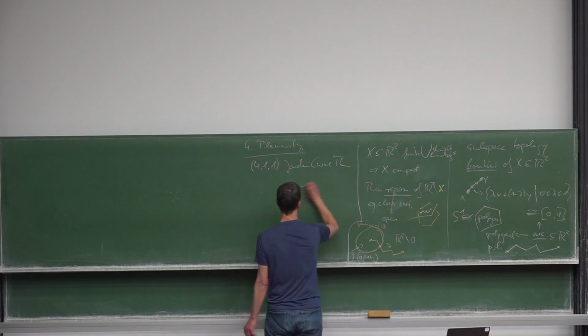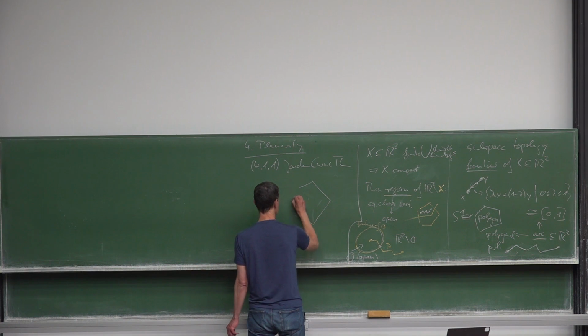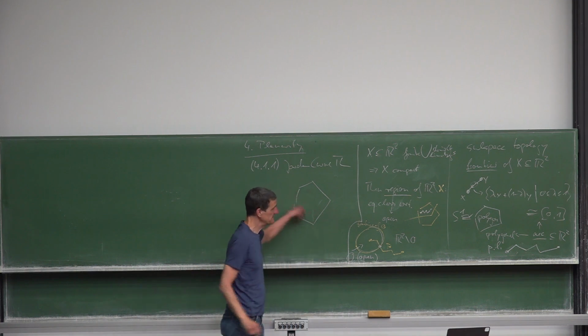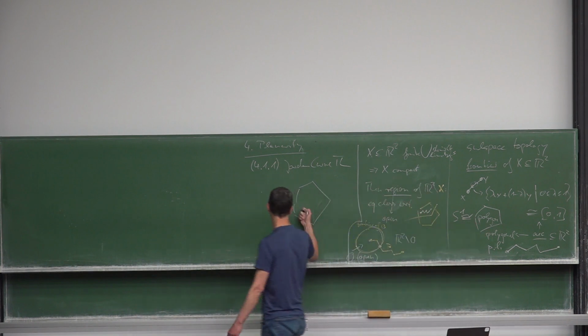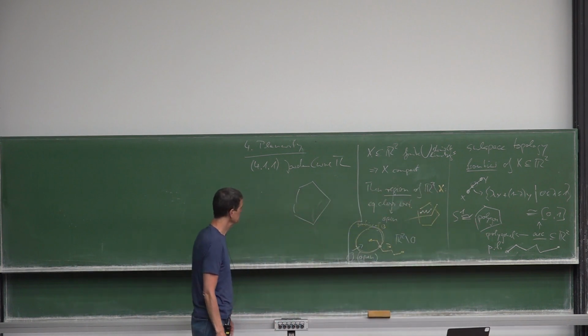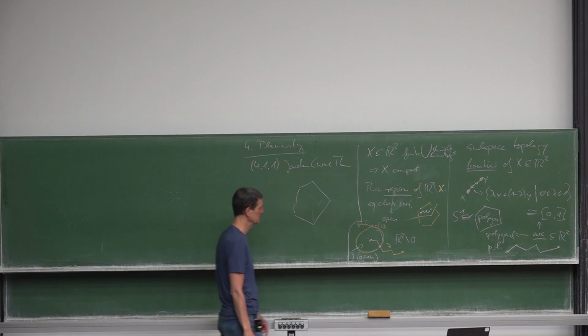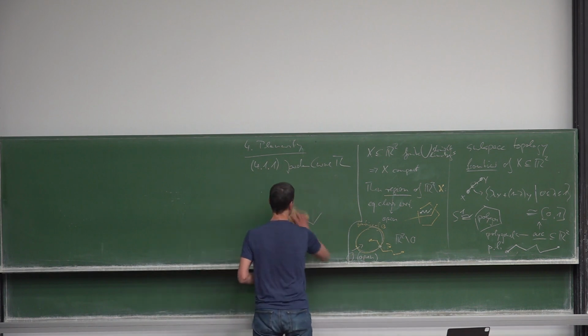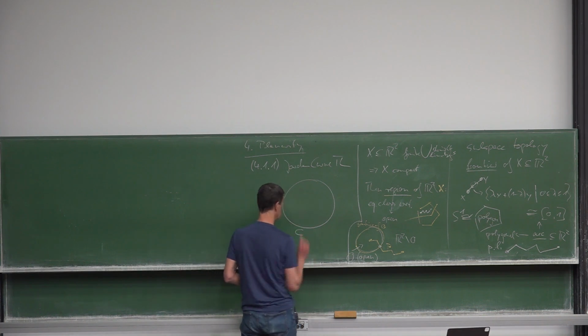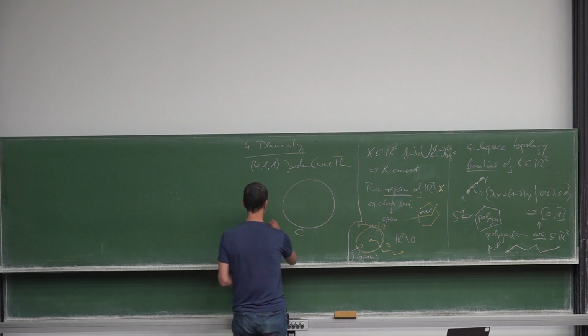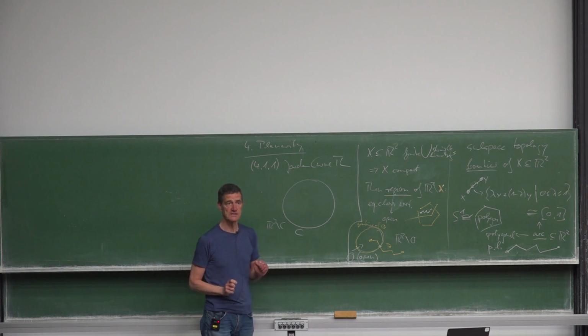It says that if you have a closed curve in the plane, let's take a polygon in the plane, right? Closed curve is anything homeomorphic to S1, but let's stick with polygons. If you take a polygon, then the plane minus that thing, so let's call it C, then the plane minus C has exactly two regions.